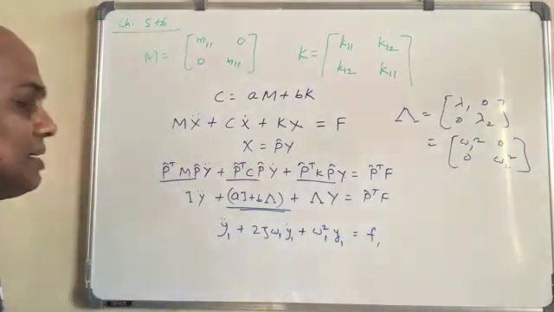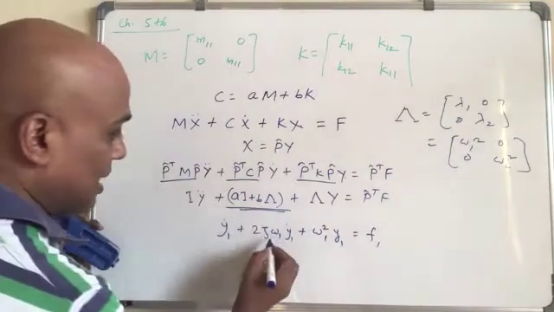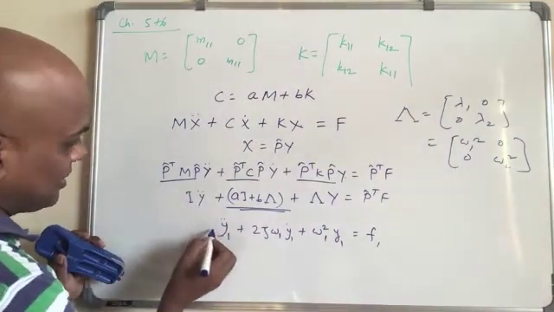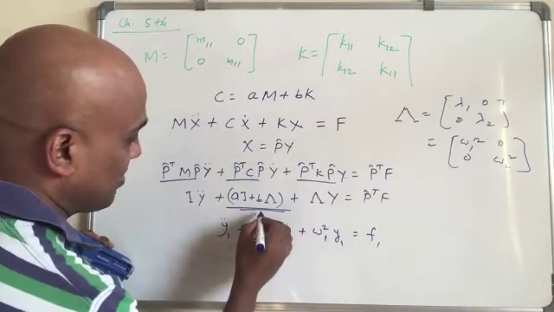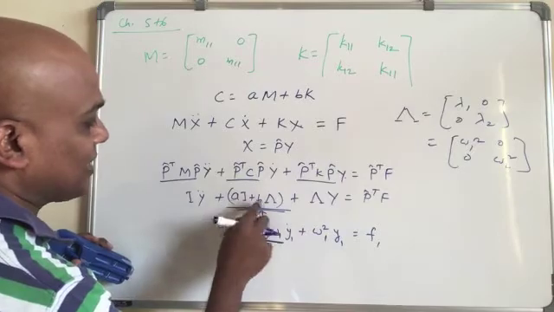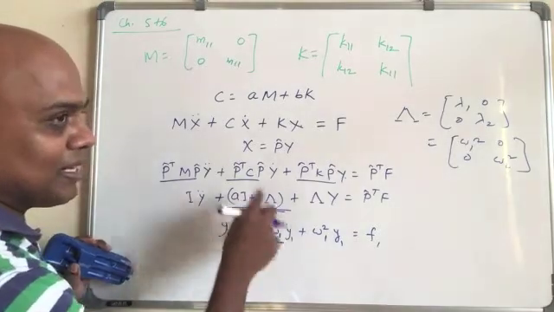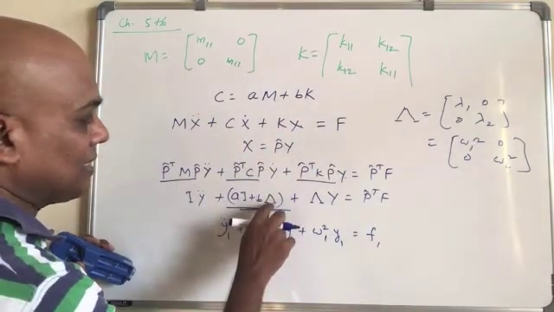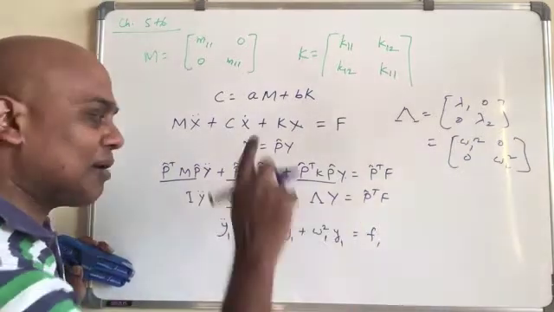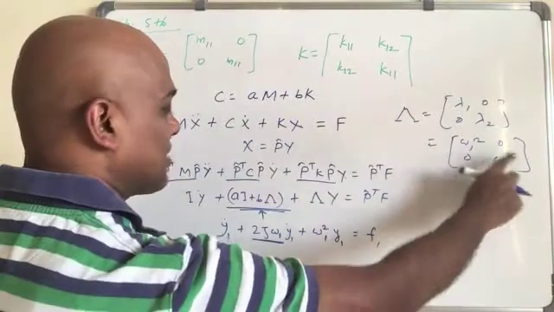It will be something like this, right? Comparing with the identity matrix, 1 1 is fine, but this value will be equal to this value. Both are diagonal: the identity matrix 1 0 0 1, and the lambda is also a diagonal matrix, omega 1 square, 0, 0, omega 2 square.